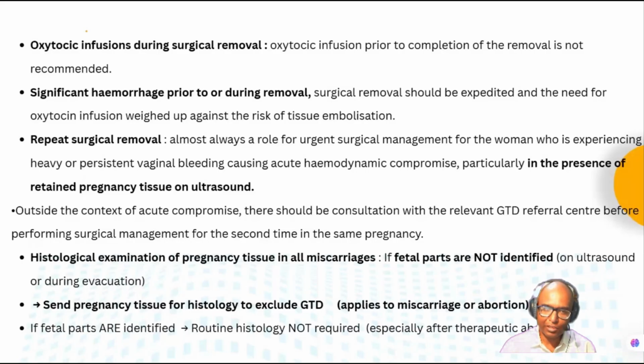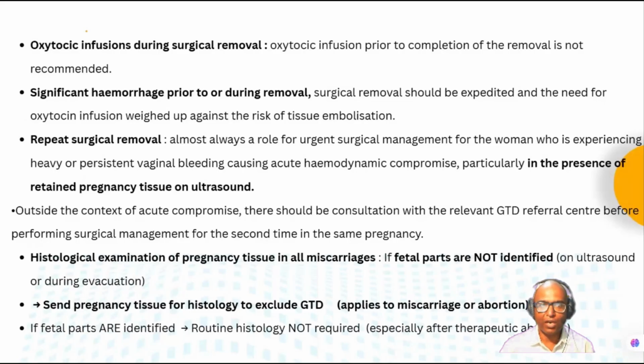So if you have already done the suction curettage and the patient is bleeding again, or there is persistent bleeding, there is a role for repeat suction curettage. However, if there is acute hemodynamic compromise, you go for a repeat procedure. But if the patient is hemodynamically stable, the guideline says to discuss the case with the relevant GTD referral centre.